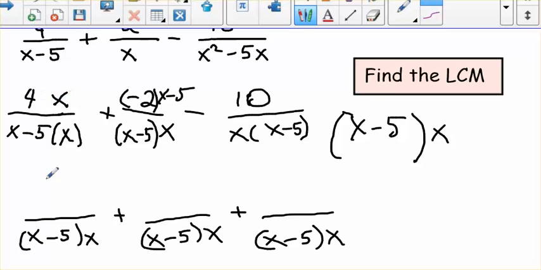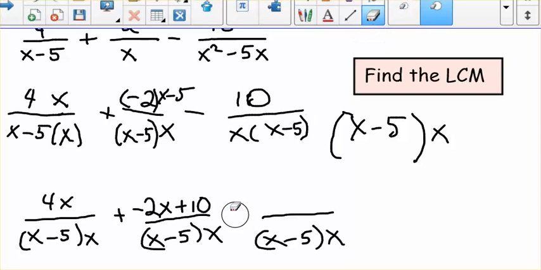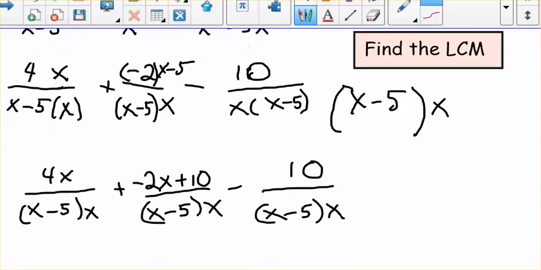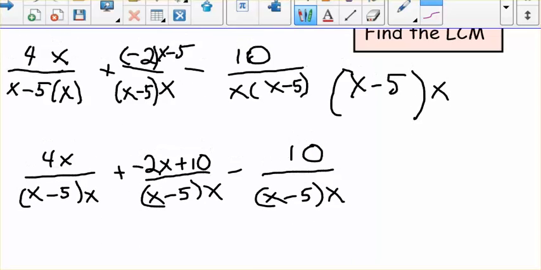I had to add that x, so this is going to be 4x. And this is going to be minus 2 times x minus 5. So let's distribute it. Minus 2x plus 10. And this one, let's just change from a plus to a minus, because it should be a minus. Minus 10. All right, now I am ready to finish this problem.